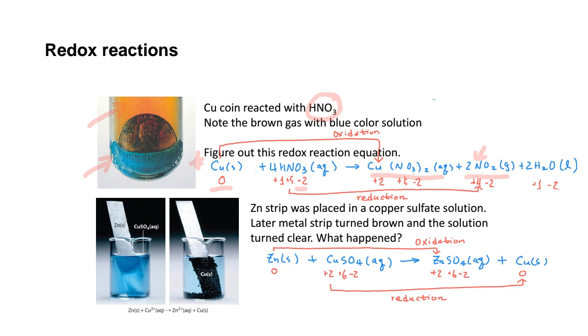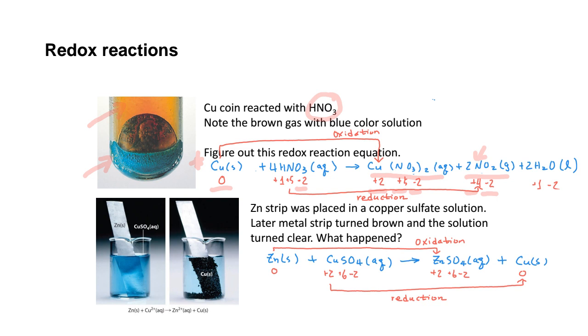In copper nitrate, the oxidation number of copper is +2. And nitrate is a polyatomic anion; you will be able to determine the oxidation number of oxygen is -2, and nitrogen is +5. In NO2, the oxidation number of oxygen is -2, then the oxidation number of nitrogen is +4. And H2O is the same as before, +1 and -2.